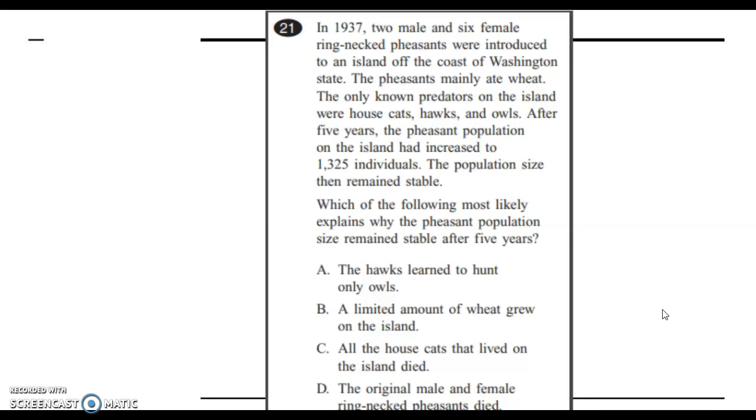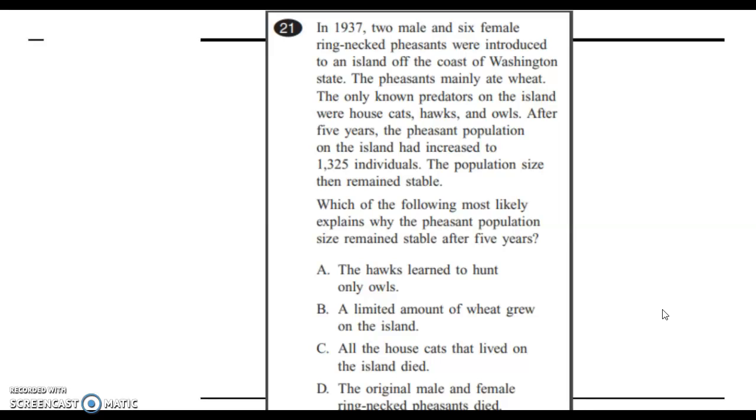The only known predators on the island were house cats, hawks, and owls. After 5 years, the pheasant population on the island had increased to 1,325 individuals, and then the population size remained stable. Which of the following most likely explains why the pheasant population size remained stable after 5 years?